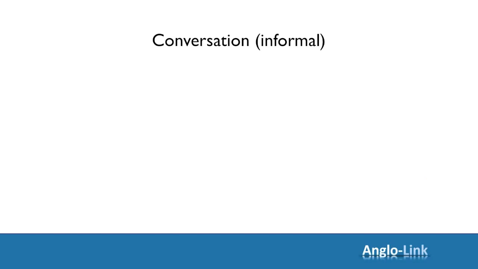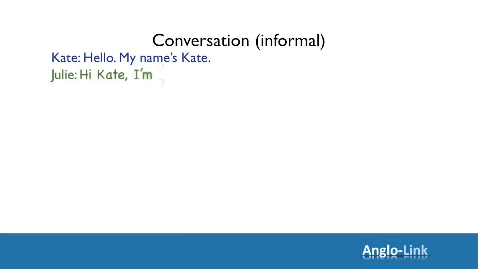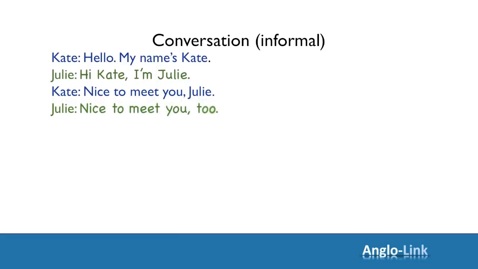In conversation 1, we're using the informal style. Let's just read it together. Hello, my name's Kate. Hi Kate, I'm Julie. Nice to meet you, Julie. Nice to meet you too. This is my friend Sue.